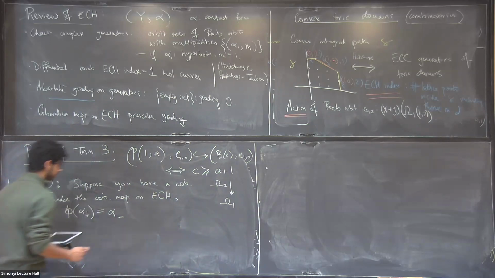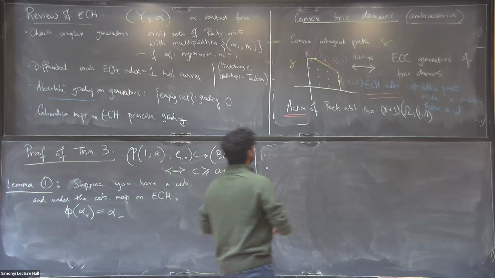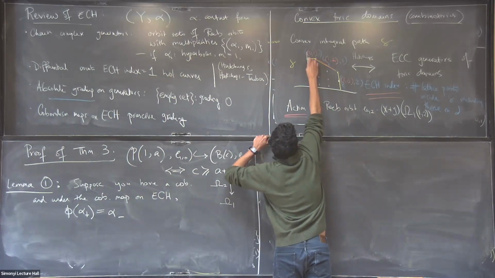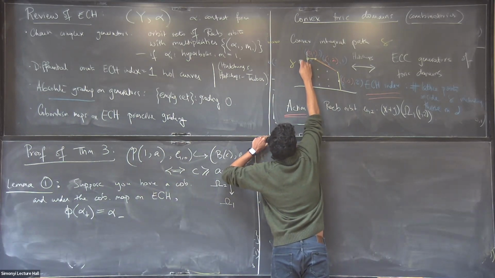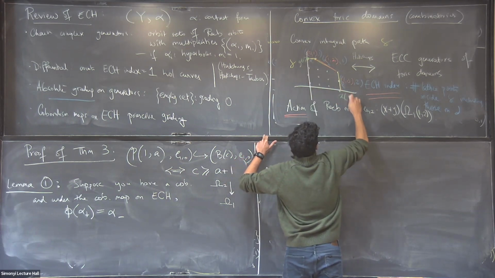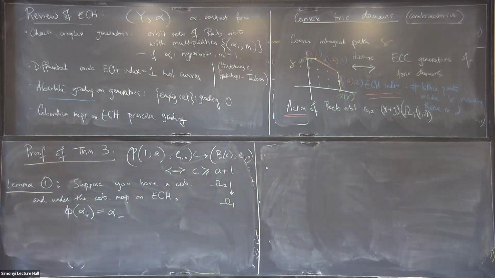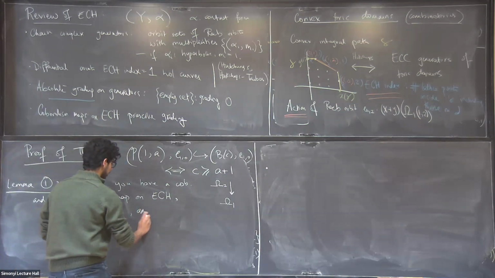For combinatorial generators, we can define two things: the point where it hits the y-axis, and the point where it hits the x-axis.